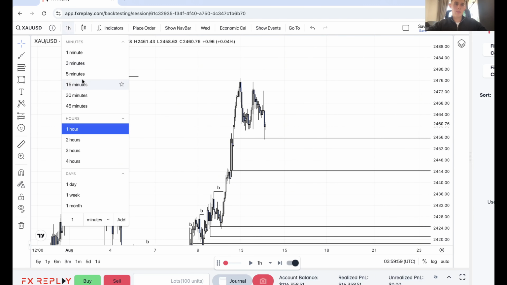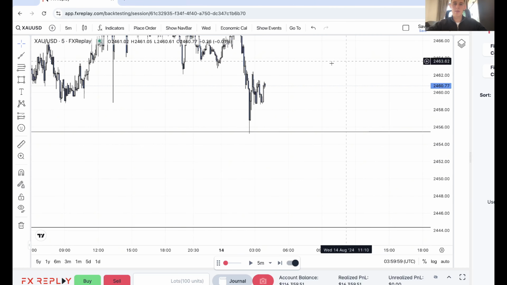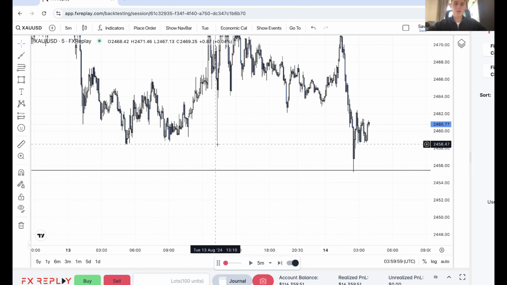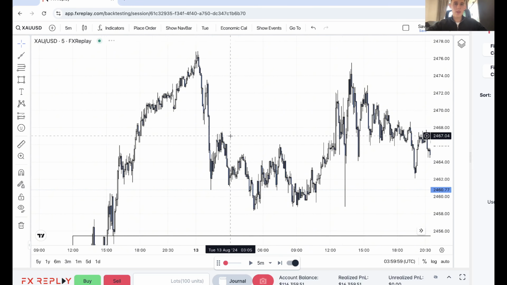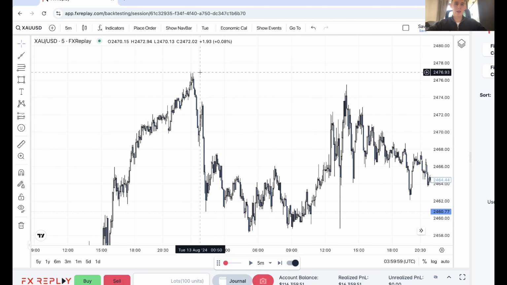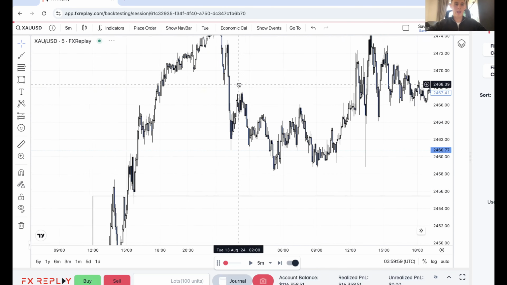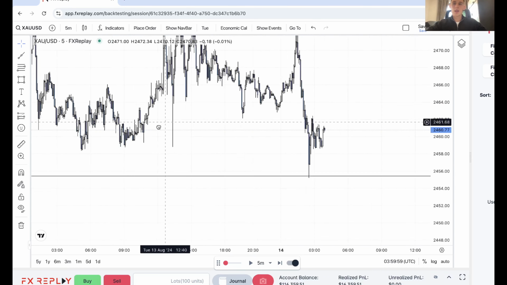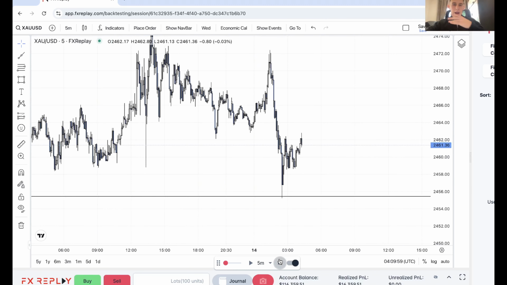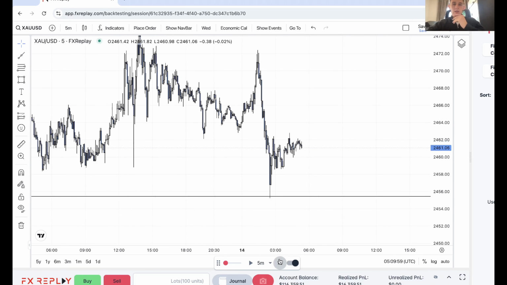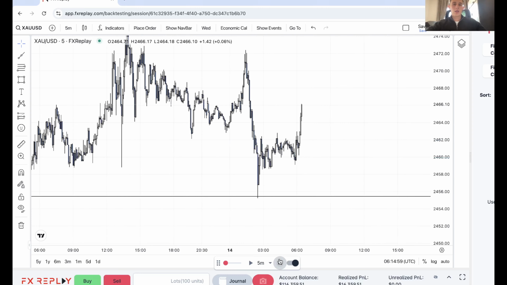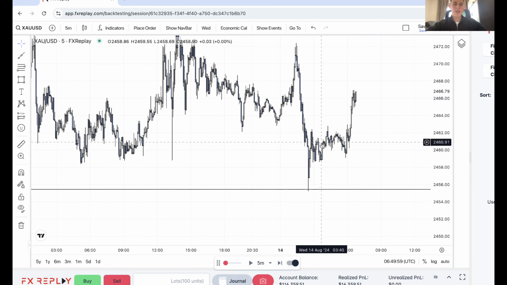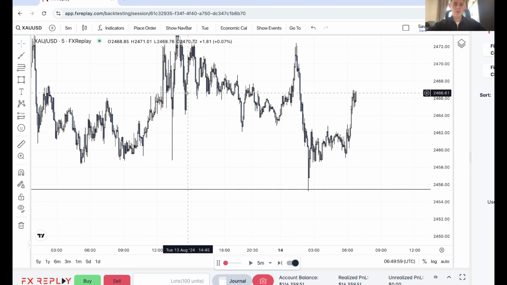Okay, there we go. So price tapped into the demand. We had all of these lows resting above it as well. It didn't come into the high above, so we're not expecting a reversal just yet. Let's see if we can get a valid confirmation on this. Notice how in this case there's not really any structure for it to break.